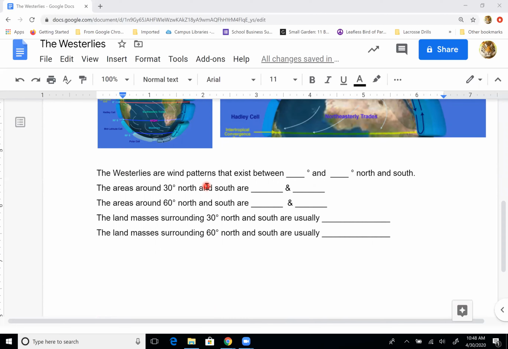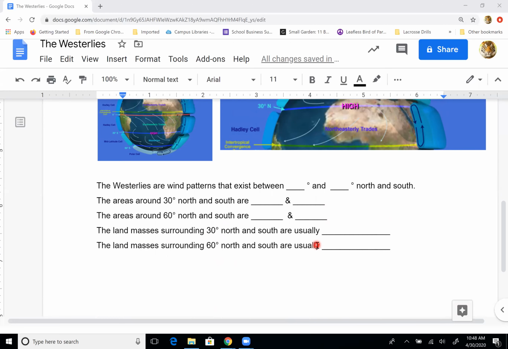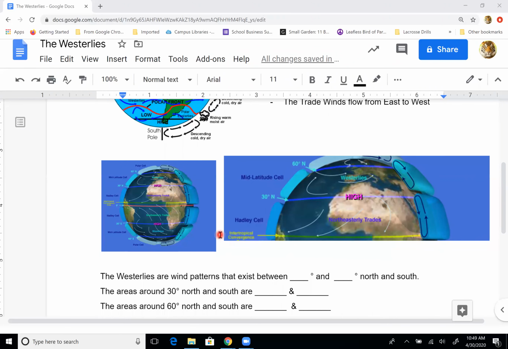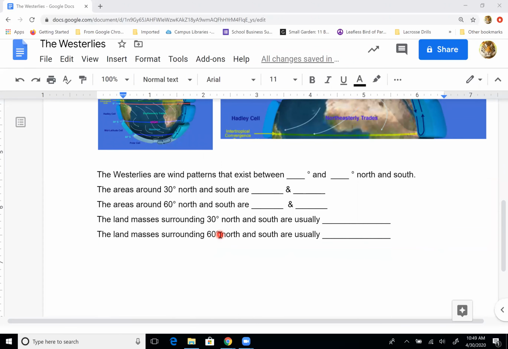Obviously, I'm talking about California. The land masses surrounding 60 degrees north and south are where you get a lot of moisture and rain, but it's cooler. We'll talk about temperate versus tropical rainforests later, but they're usually rainforests.